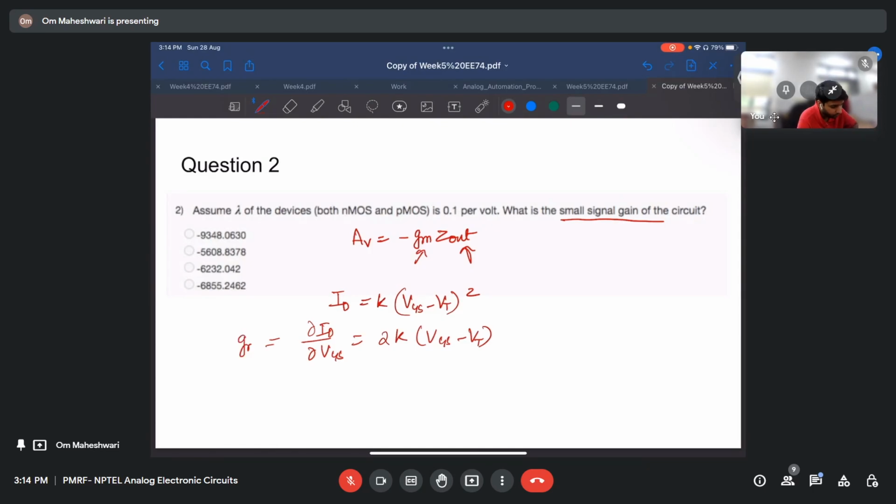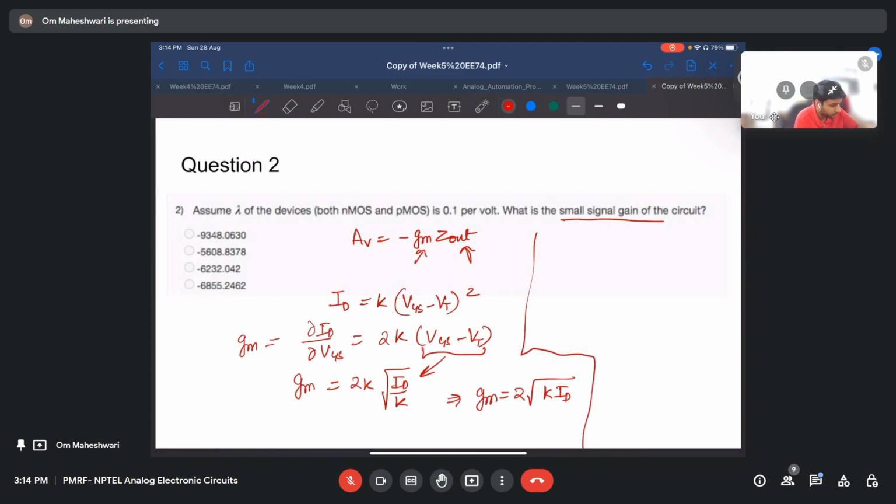This is GM. And we can also write it as 2K under root ID by K. We can write VGS minus VT as under root ID by K. So it will become GM equals 2 root K ID.